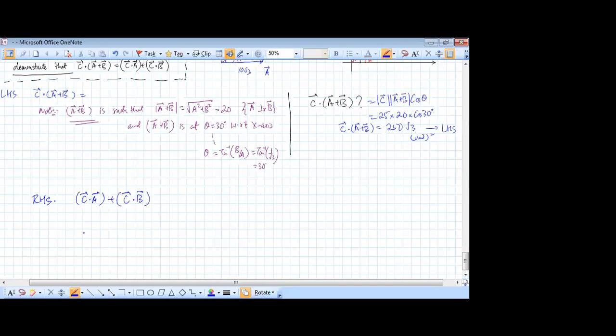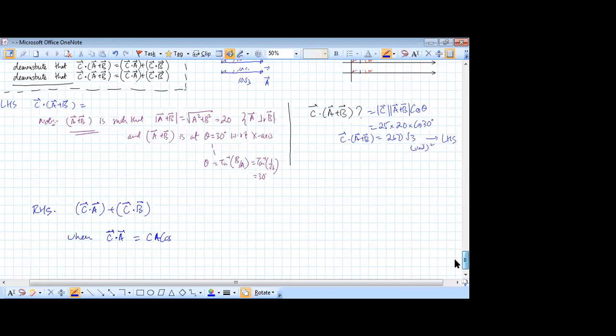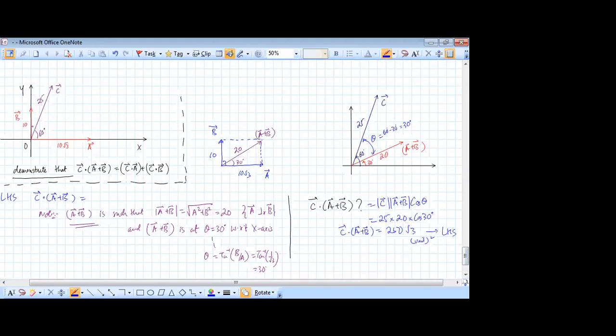Okay. So we go back to the diagram. You can see that C dot A will become CA cos of the angle between C and A. Now going back to the diagram, you can see the angle between C and A is 60 degrees.